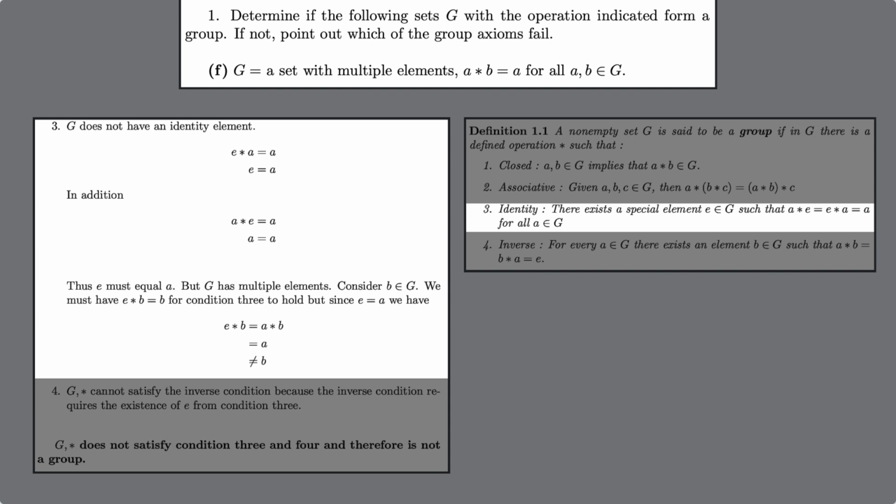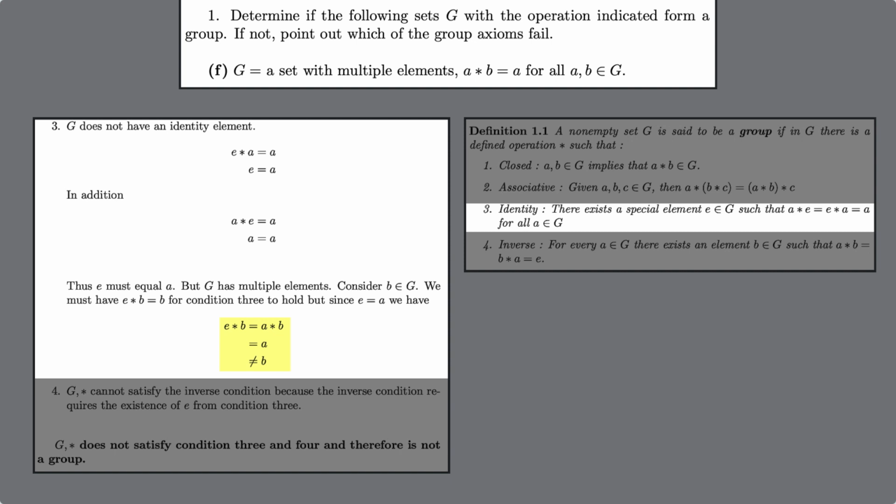What happens if we did this for another member of the group, though? We know that this set has multiple elements, so let's just pick one, B in G. We must have, for condition 3 to hold, E star B equals B. But we know that E is equal to A, or at least it has to be in order for this condition to hold. That would mean that A star B equals B. It doesn't work.